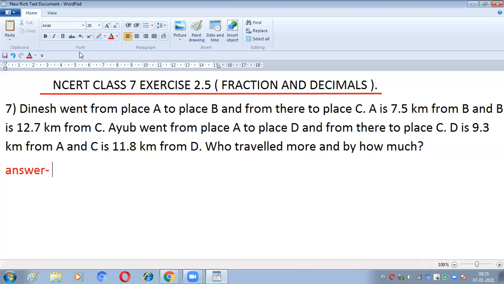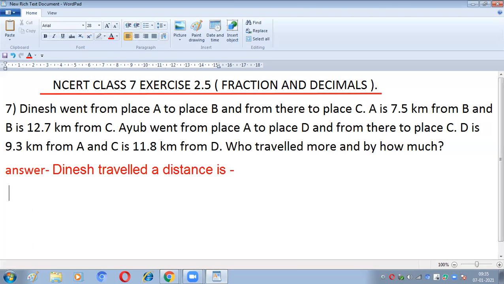So first we will write the distance Dinesh traveled. Now we will do the real calculation.